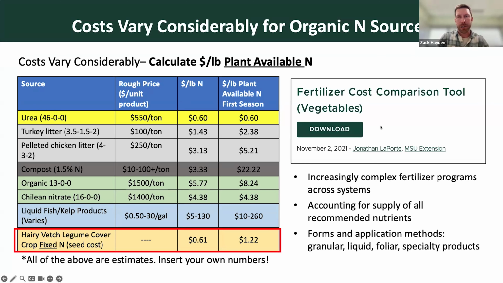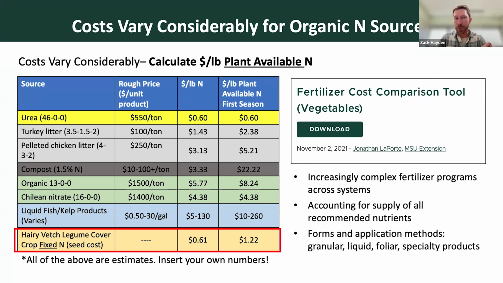Now, I do want to pitch, as you're considering whether you're an organic or an integrated system, take a look at this tool from Jonathan Laporte at MSU Extension called the Fertilizer Cost Comparison Tool. It's a little complicated. It's a spreadsheet-based thing, but it really does help you account for increasingly complex fertilizer programs. So looking at granular, liquid, foliar, specialty products.